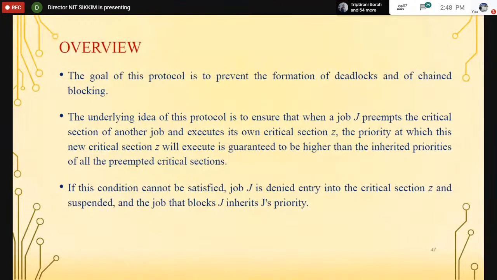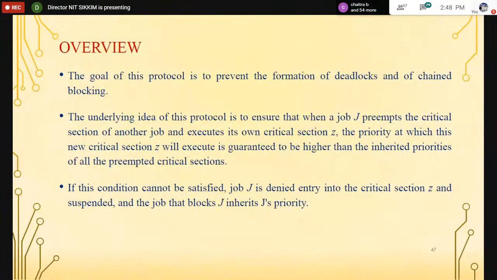So the underlying idea of this protocol is to ensure that when a job J preempts the critical section of another job and executes its own critical section, the priority at which this new critical section J will execute is guaranteed to be higher than the inherited priorities of all preempted critical sections.